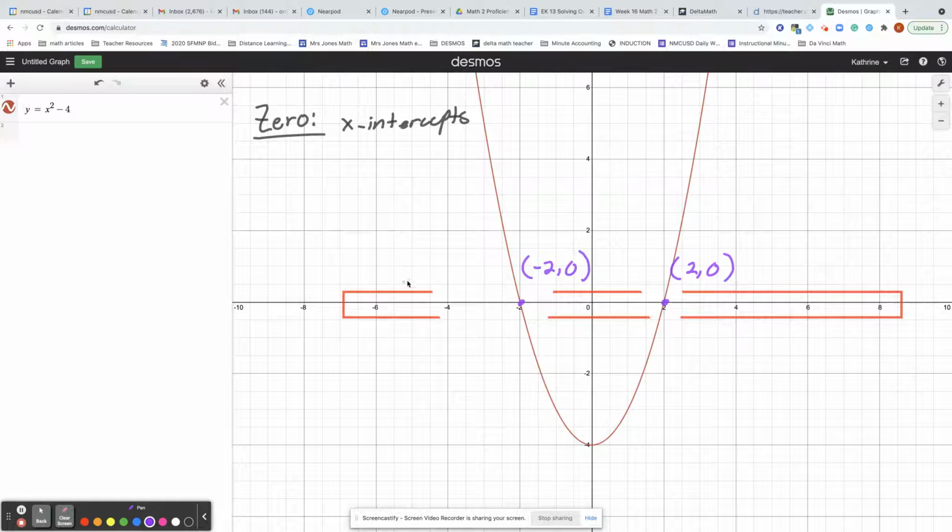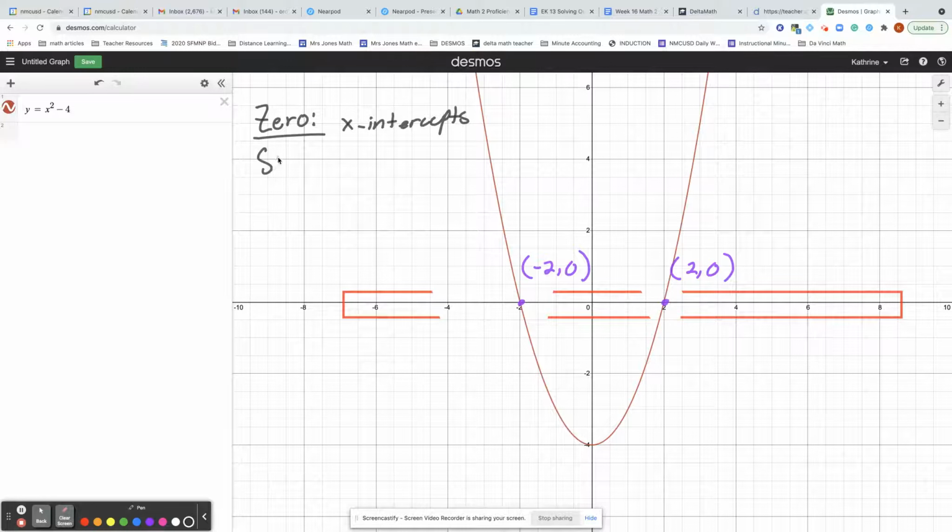So these are the zeros, and a zero is also called the x-intercept. In this unit, if I say find the zeros of your function, I'm talking about the x-intercepts.